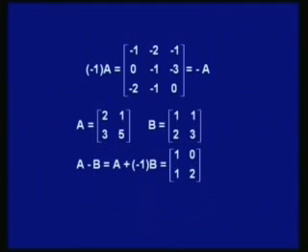So, if I have A as 2, 1, 3, 5 as a 2 by 2 matrix and B as another 2 by 2 matrix 1, 1, 2, 3, then A minus B is the same as A plus -1 times B, and the result is 1, 0, 1 and 2. So that is how we define subtraction of two matrices.